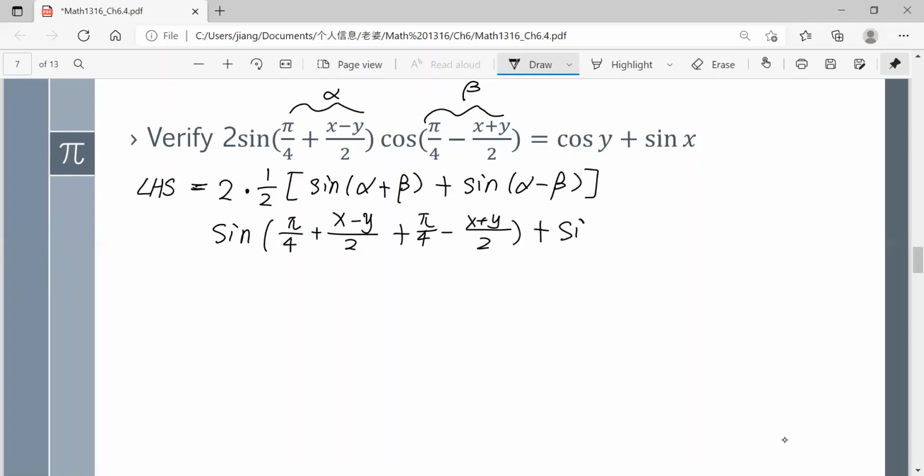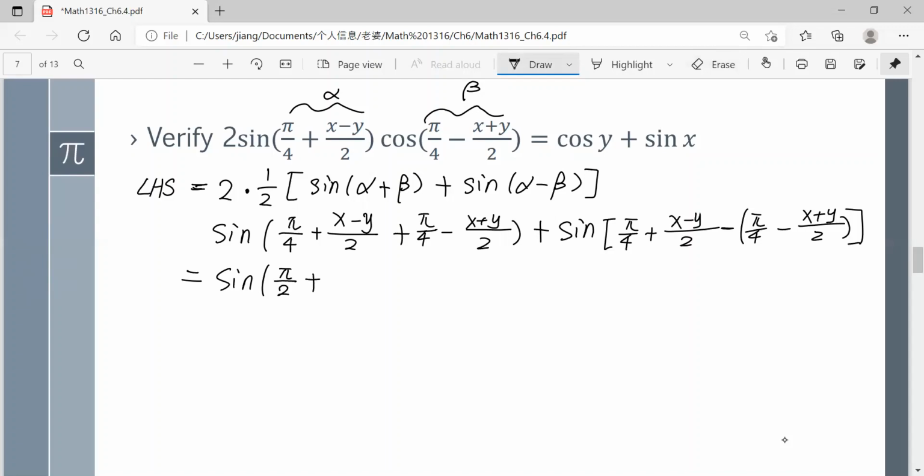And then plus alpha, pi over 4 plus x minus y over 2, and then minus beta, minus pi over 4 minus x plus y over 2. Okay. And then combine the like terms. Pi over 4 plus pi over 4, that's 2 pi over 4, that's pi over 2.